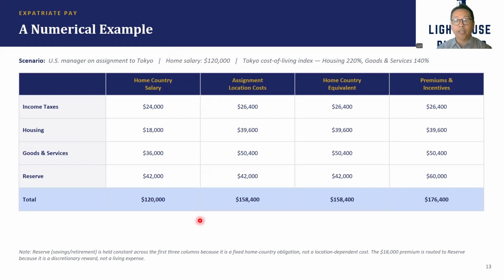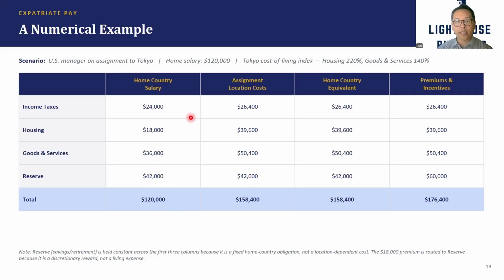If this person stayed in the U.S., that $120,000 would roughly break down into $24,000 in income taxes, $18,000 for housing, $36,000 for goods and services, and $42,000 going into reserve, like savings and retirement contributions. That's our baseline. So this is what a comfortable, typical life on this salary looks like at home.